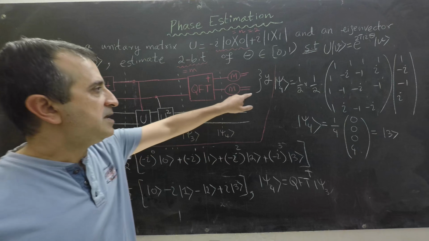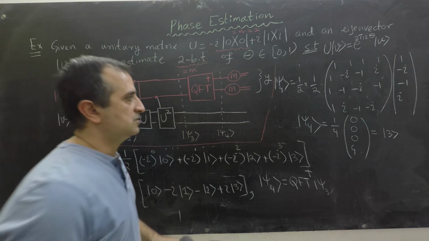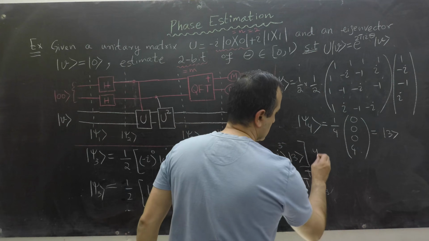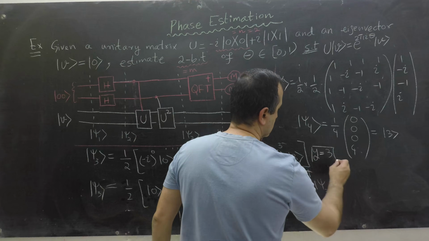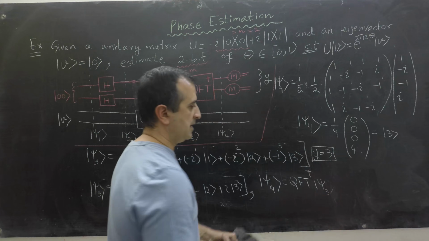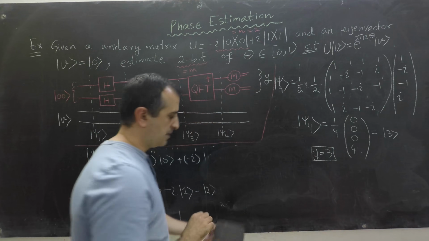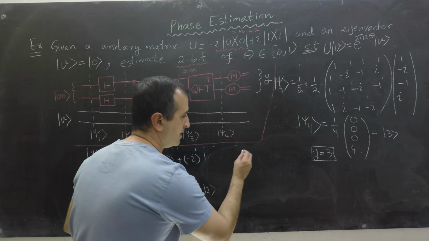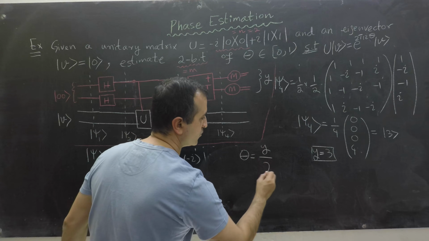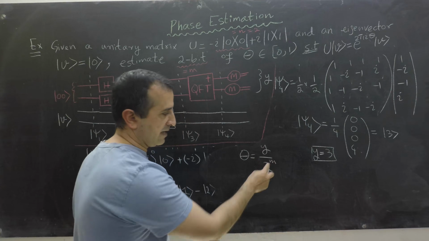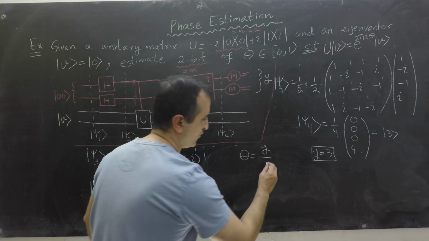Now if I measure my y, my answer will be equal to 3. So my y after measurement will be 3. As we know, our theta is basically y over 2 raised to power m, where m is 2, so it's y over 4.